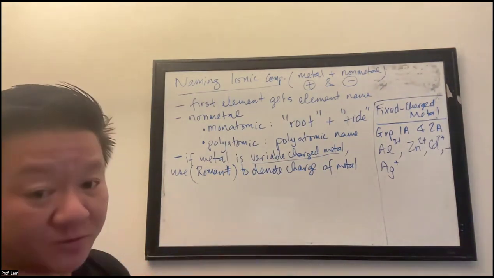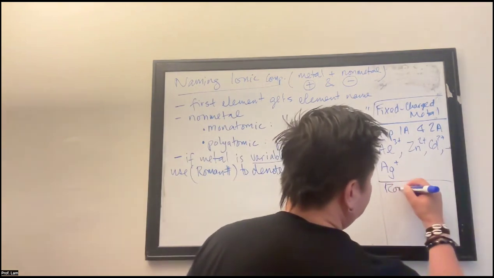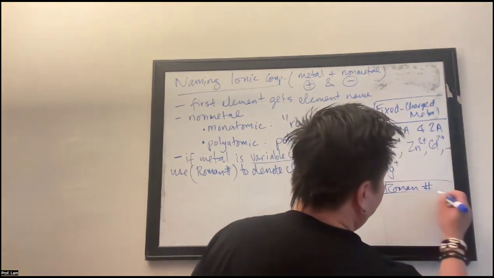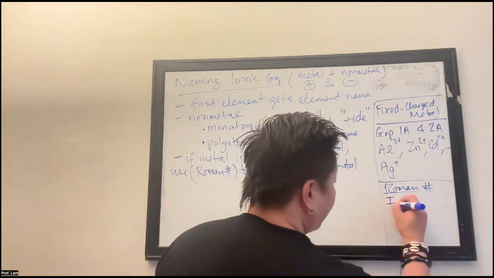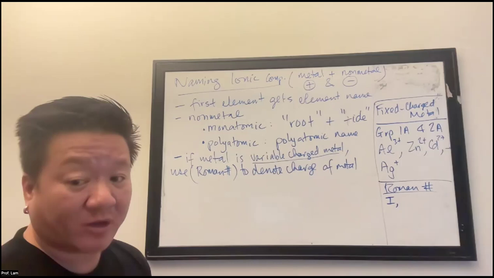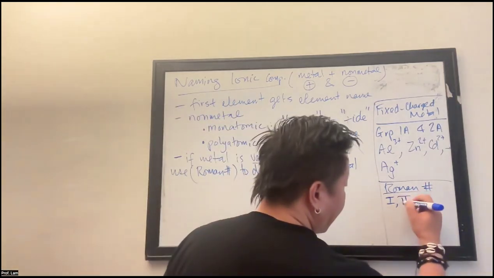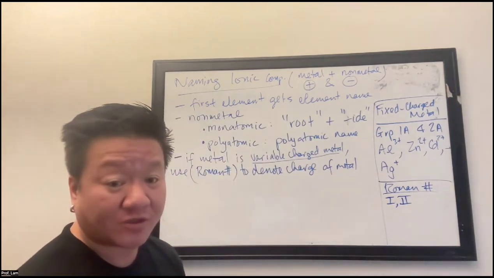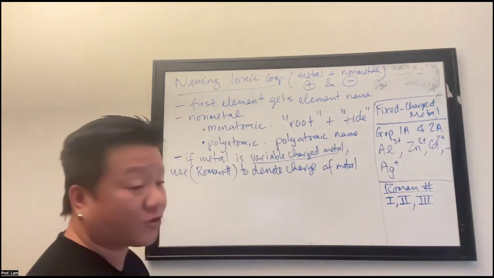and therefore you'll have to use Roman numerals. Okay, let's practice our Roman numerals too, just in case you guys have forgotten. So for 1, we just do I, right? So if you see I, that means the metal has a charge of 1+. If you see II, then the metal has a charge of 2+. III is 3+.